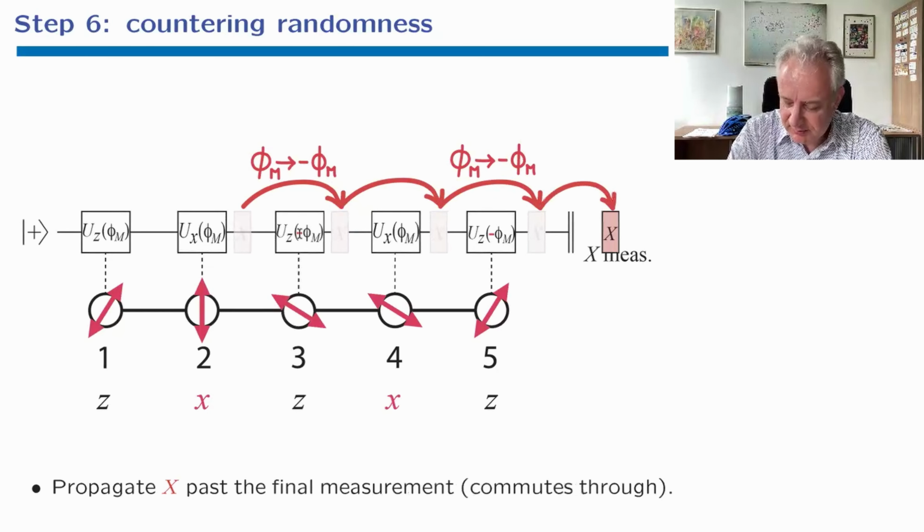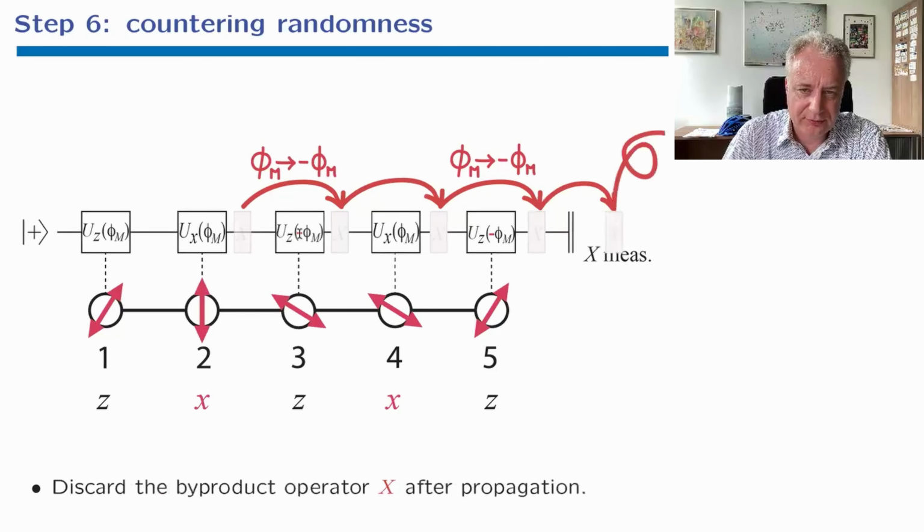Measurement and Pauli flip commute. And now finally that Pauli flip acts past the measurement, so we don't care about it anymore. It's gone. But in its removal, this Pauli byproduct operator changed the rotation angle. This is the effect that we need to take into account. We want to implement exactly the rotation angle we care about, and not sometimes it and sometimes minus itself.